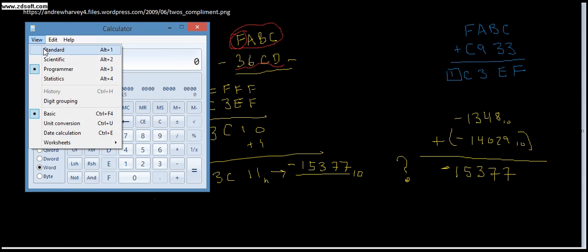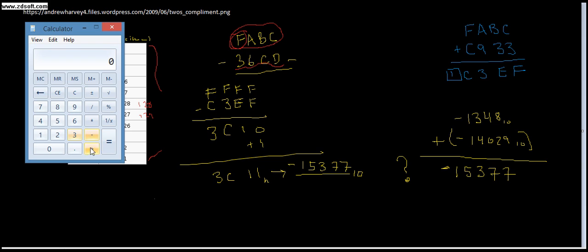Well, let's see. Okay, I'll clear everything. We'll just go to our regular calculator. Does negative 1348, make that negative, minus, see, I'm doing 0, this isn't going to work. Okay, 1348, make that negative, minus 14029, make that negative, should have said plus.